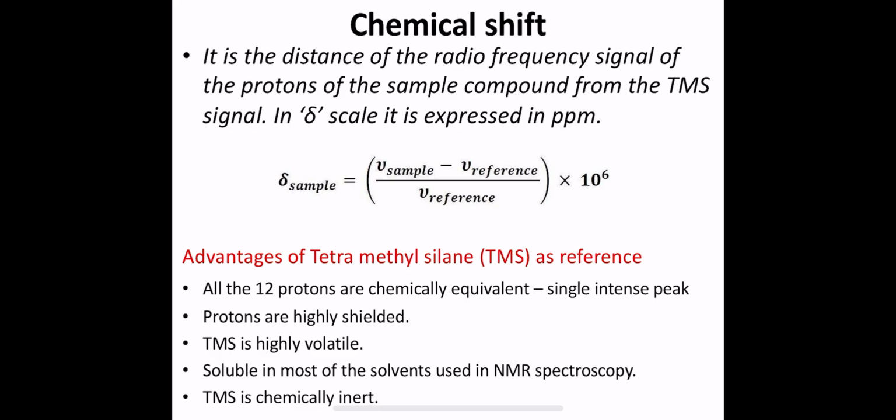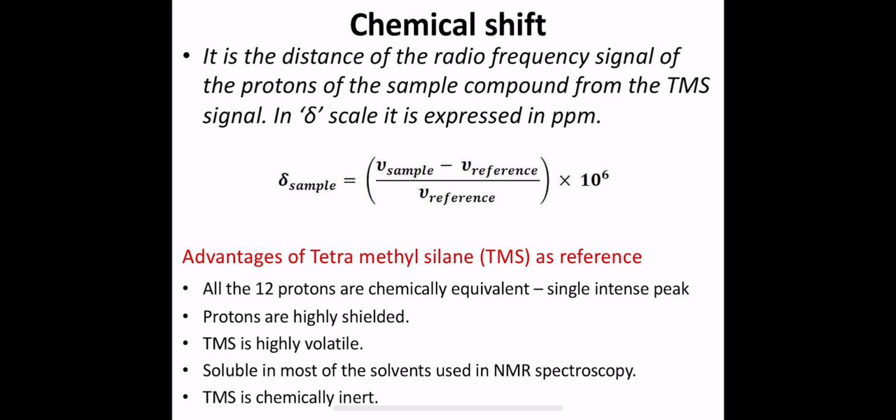And next is, what are the advantages of using tetramethylsilane as reference? As I told, tetramethylsilane has 12 protons which are chemically equivalent. That means all the protons have the same chemical environment, so it will give a single intense peak.